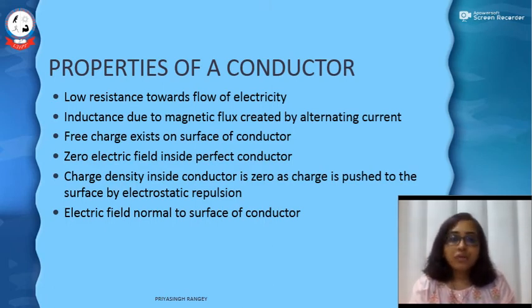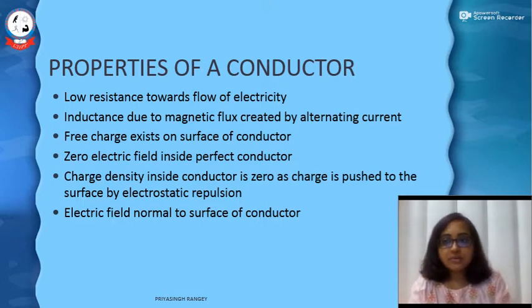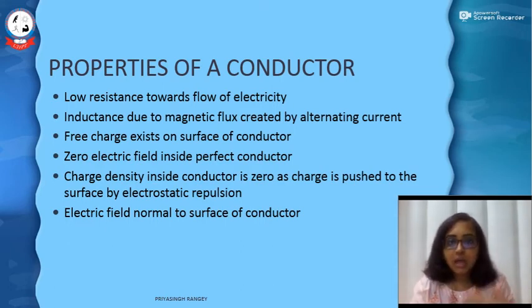When we talk about a conductor, there is free charge of electrons whenever electricity is passing through that conductor. When we say that electricity is passing, we mean that there is a flow of electrons. Since the electrons are negatively charged, there is going to be a huge repulsion force between these electrons.